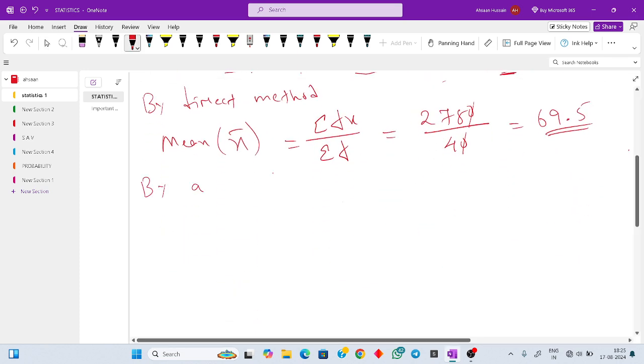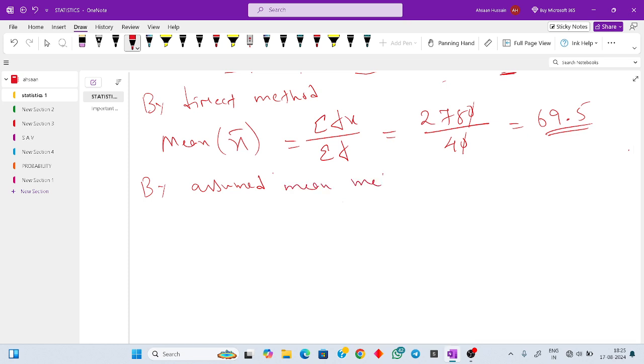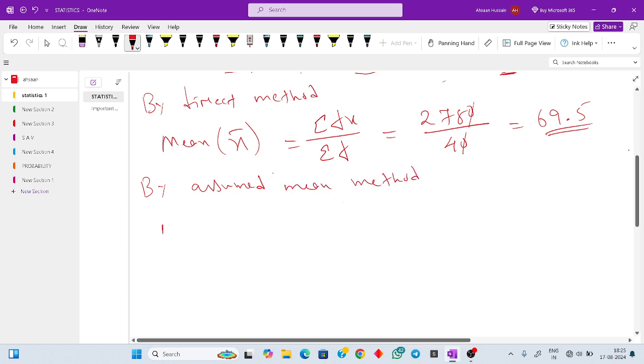By the assumed mean method, mean x bar equals a plus summation fd by summation f. See, here it was written summation fx; here we write summation fd by summation f. Okay. Now see this a.